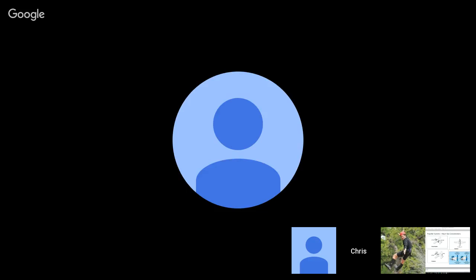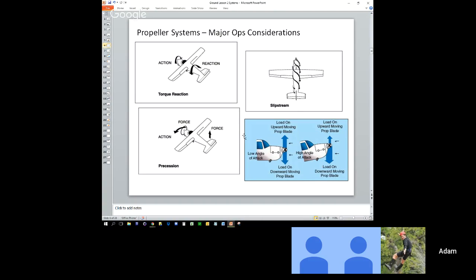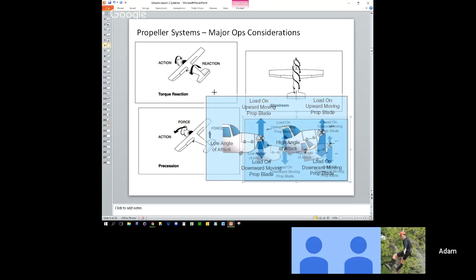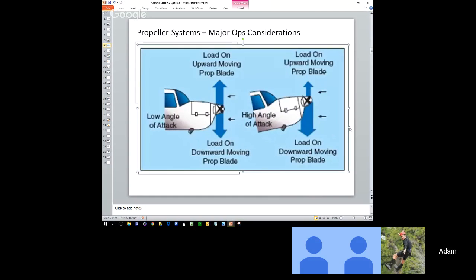And then P factor. P factor is the most pronounced force. Essentially, as the aircraft is climbing, it does happen a little bit in straight and level flight, but you can't notice it until you're climbing.